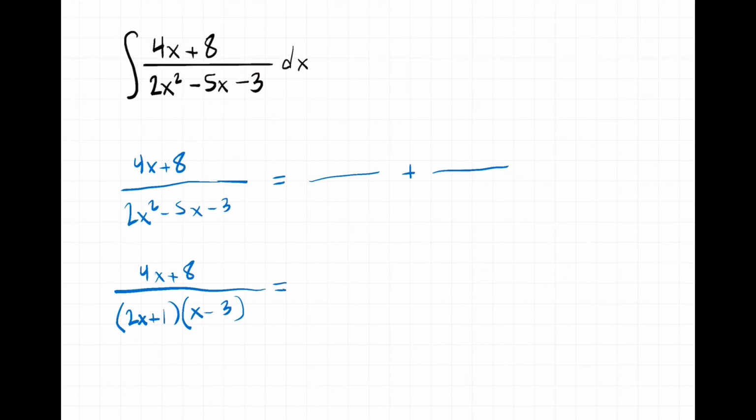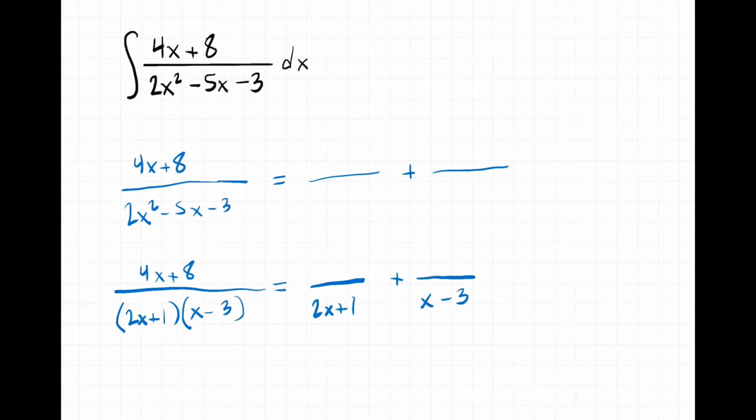If the factors of the denominator are all linear factors, they have degree 1, and if they are all unique, there are no repeated factors, then we can break this down to the following. We'll have a rational function that has 2x + 1 on the bottom, plus a rational function that has x − 3 on the bottom.